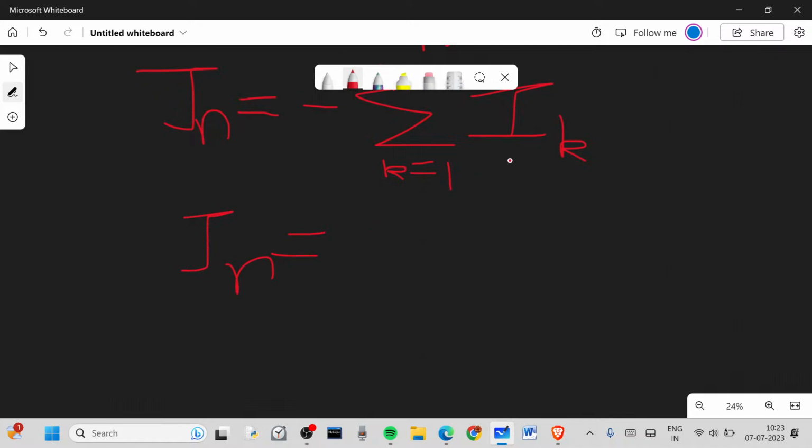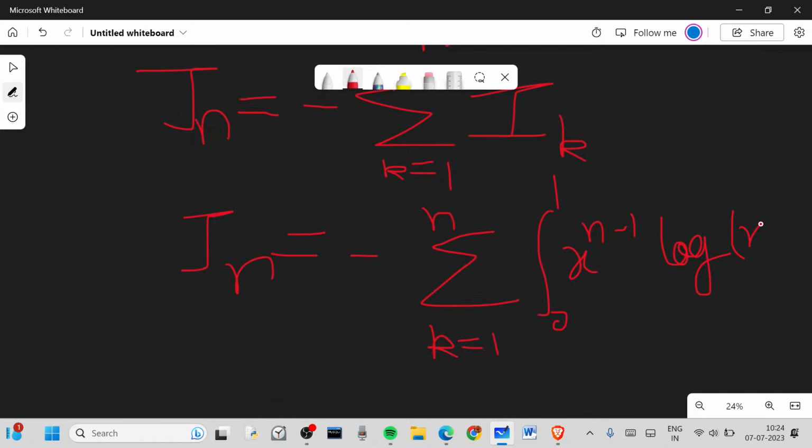Basically, I'm saying that let's write Ik, integral 0 to 1 x to the power n minus 1 log x minus 1. It's k minus 1, right?